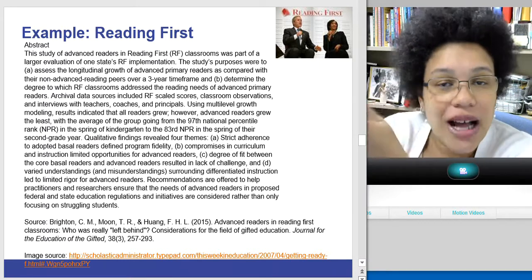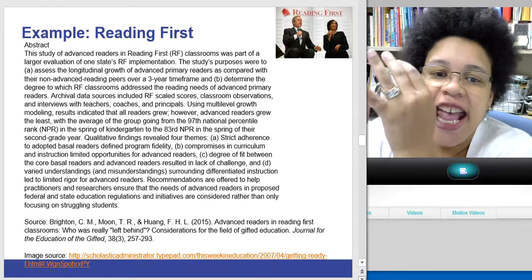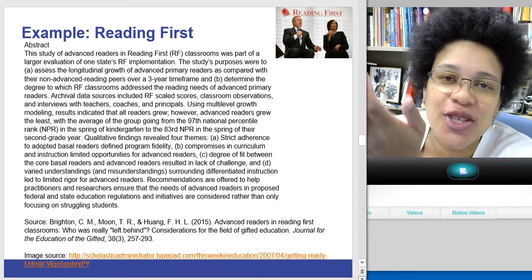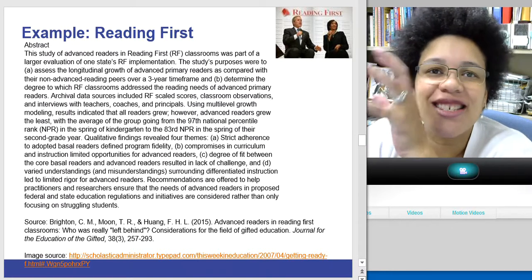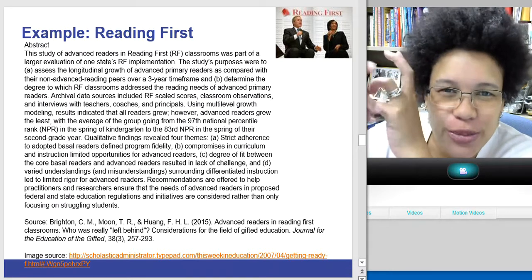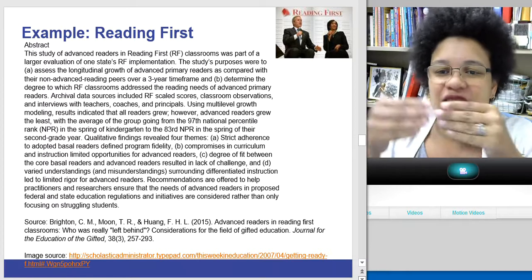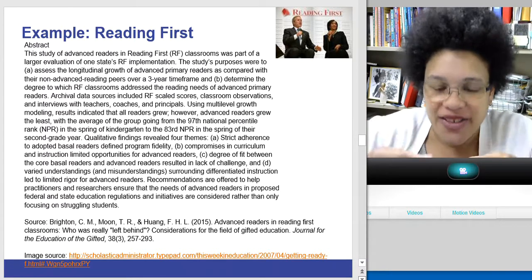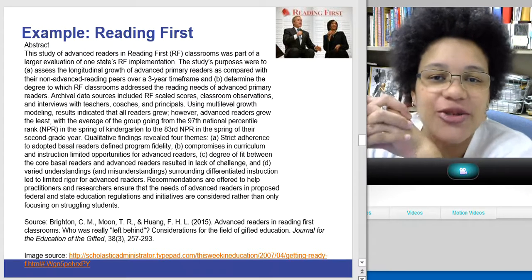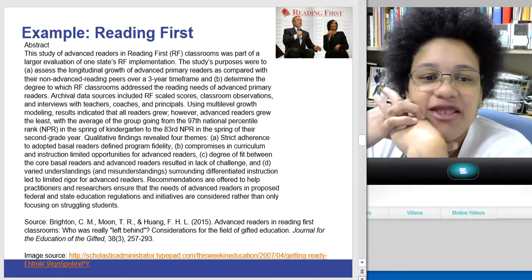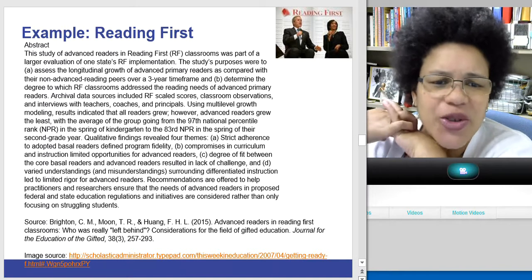Their qualitative findings showed that Reading First used basal readers. Instead of reading real storybooks like you would get from the library, it's a compendium where everybody in the class has this textbook that's their reader for reading time. These are kindergarten through second grade kids.